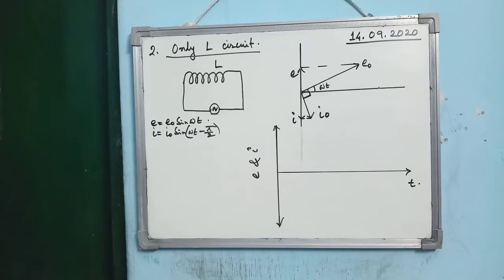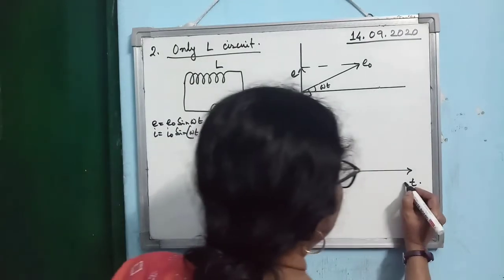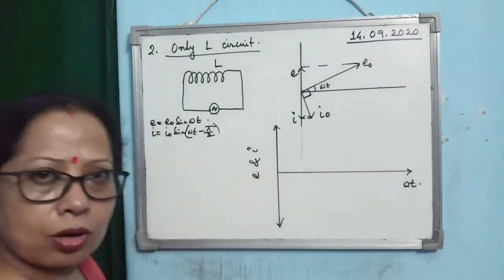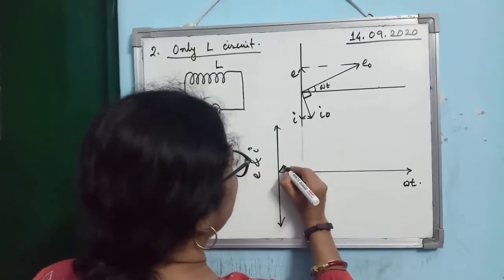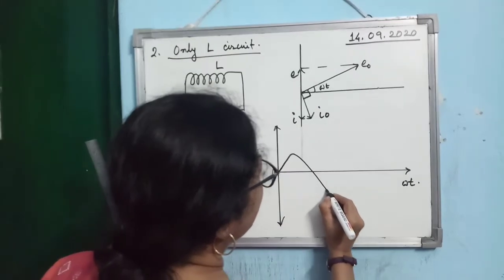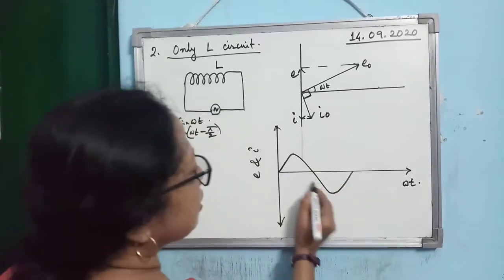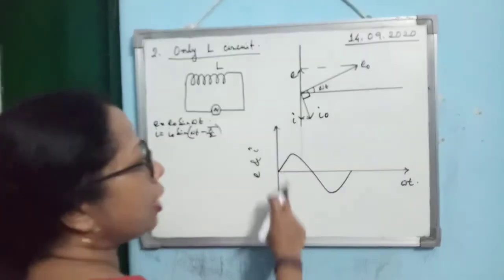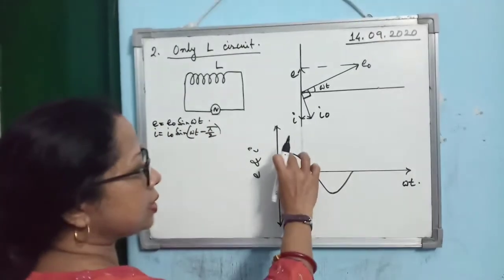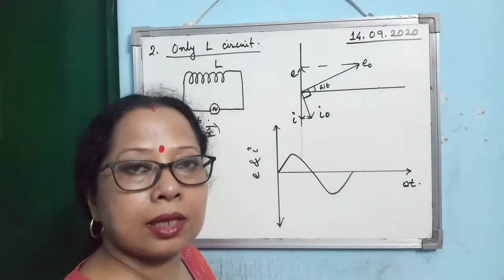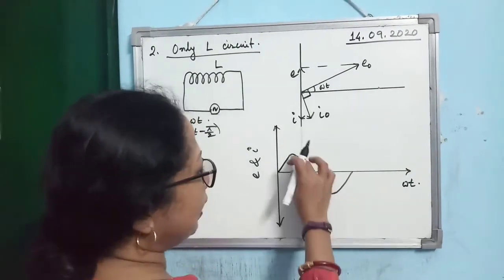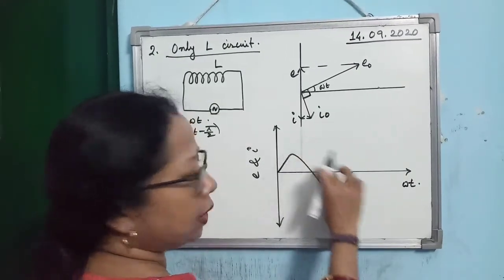Here you plot omega t along the x-axis. You can plot t also. So E is equal to E0 sine omega t. First of all you will draw the graph for E. Suppose this is the graph for E. Here on the whiteboard I may not maintain this height equal, but when you draw it in the ruled notebook, please maintain this height. This height should be equal.